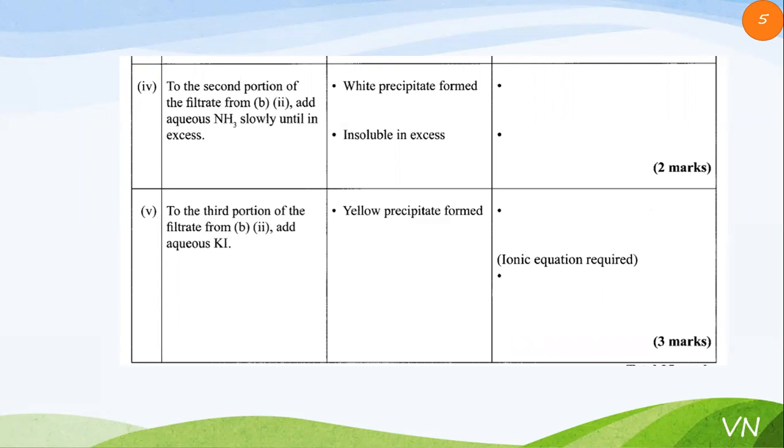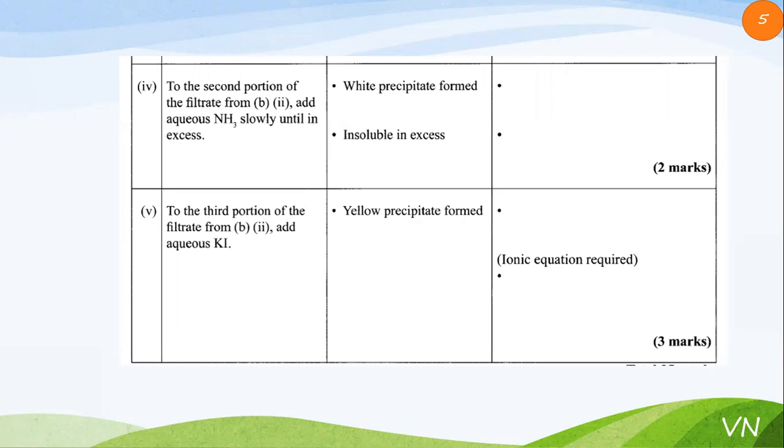It says here now, to the second portion of the filtrate, we're adding aqueous ammonia slowly until in excess. We see that there is a white precipitate formed, and this time the precipitate is insoluble in excess.